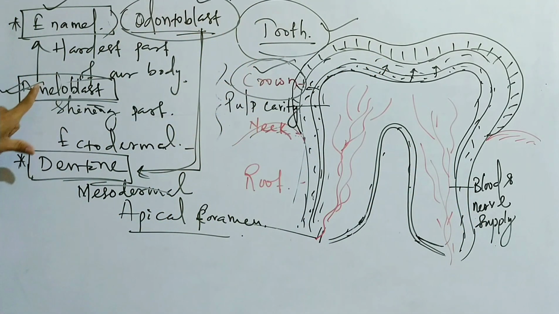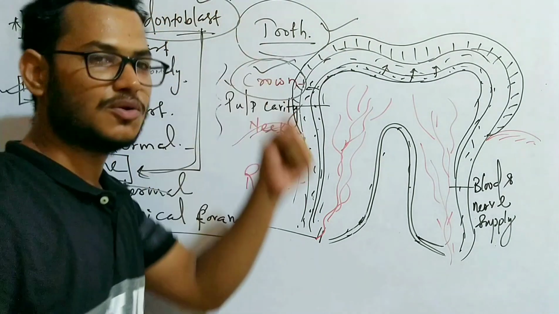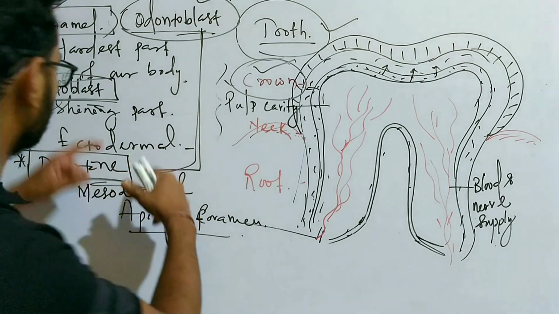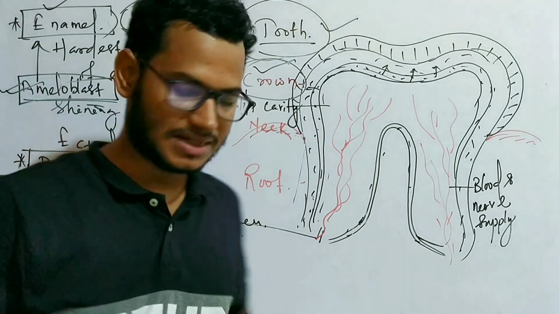So remember, ameloblasts are the cells that help in the secretion of enamel, and odontoblasts help in the secretion of the dentine. Dentine is mesodermal in origin, whereas enamel is ectodermal in origin.